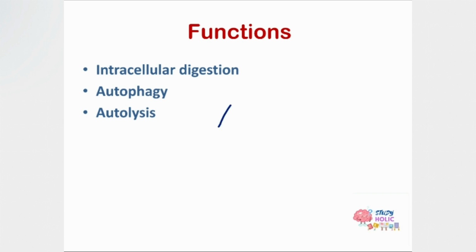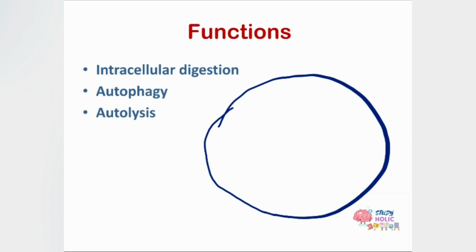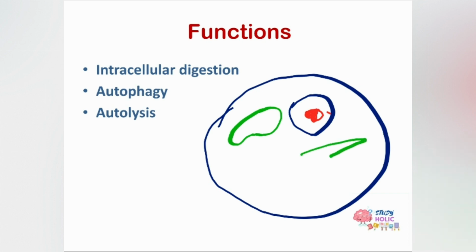Let's draw a cell. Here is a lysosome. These are the contents. Let's suppose here is an enzyme. And here are all the organelles, the endoplasmic reticulum, leave it, all the organelles. So when the autolysis has to take place, what happens?